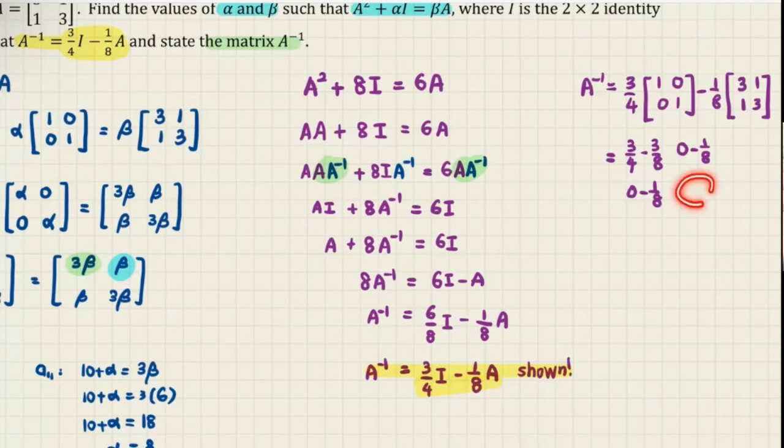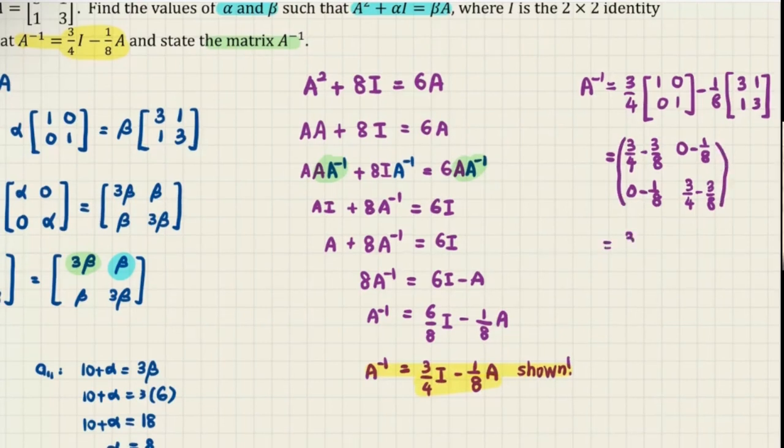And dekat 2 ini adalah 3/4 minus 3/8. Okay, saya buat bracket. So the answer will be 3/8, negative 1/8, negative 1/8 and 3/8. So ini adalah result kepada our A inverse.